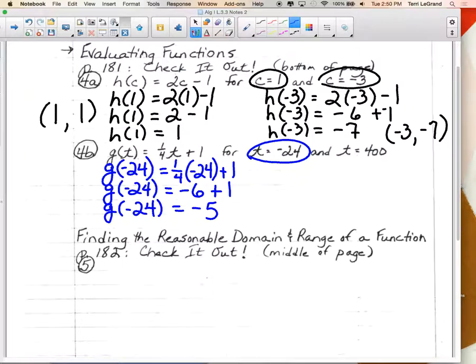What ordered pair do we have? -24, -5. We just got an output of -5 for -24 input value. Okay, you do the other one. We have to do it for input value 400. Do that one.